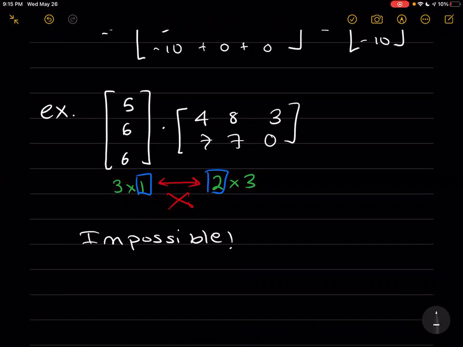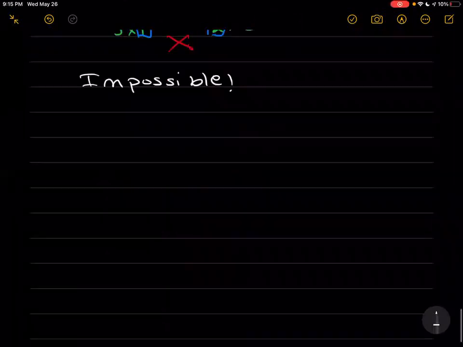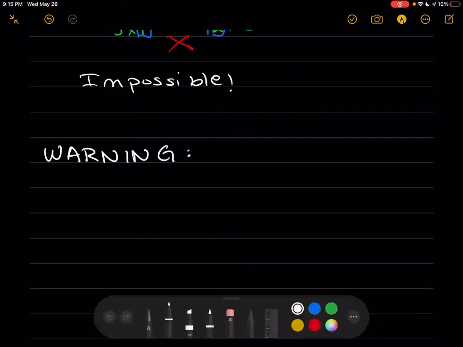But before I send you off into the big wide world of matrix multiplication, there is a warning I have to give you. It's even bigger than worrying about the dimension, in my opinion.